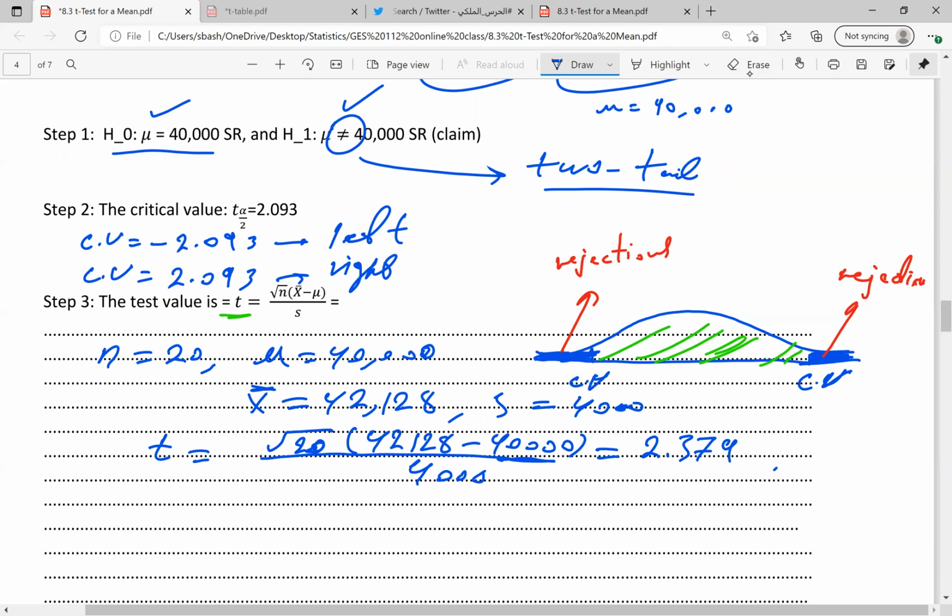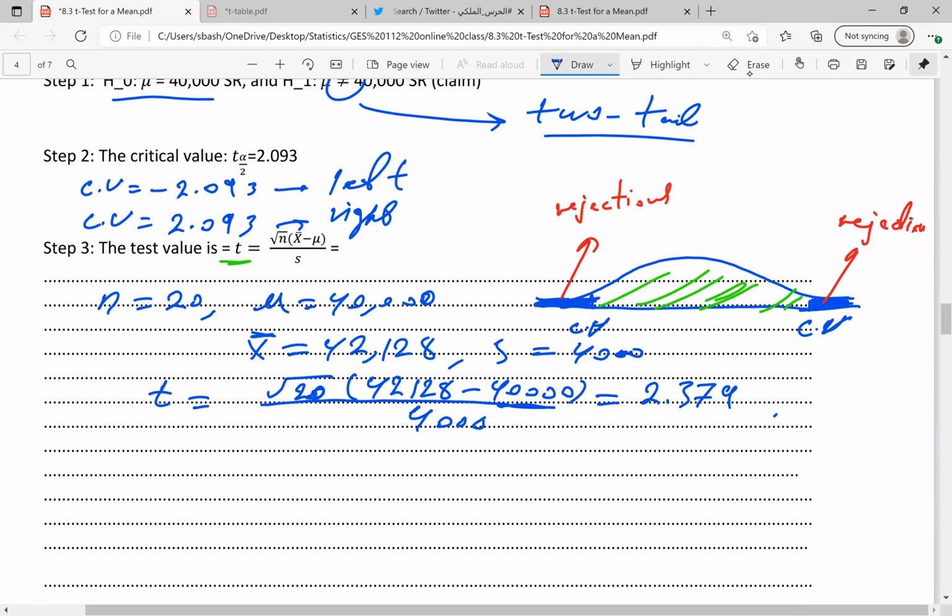Let me see what we have here. T, which is equal to 2.379, is greater than t alpha over 2 on the right one, which is 2.093.